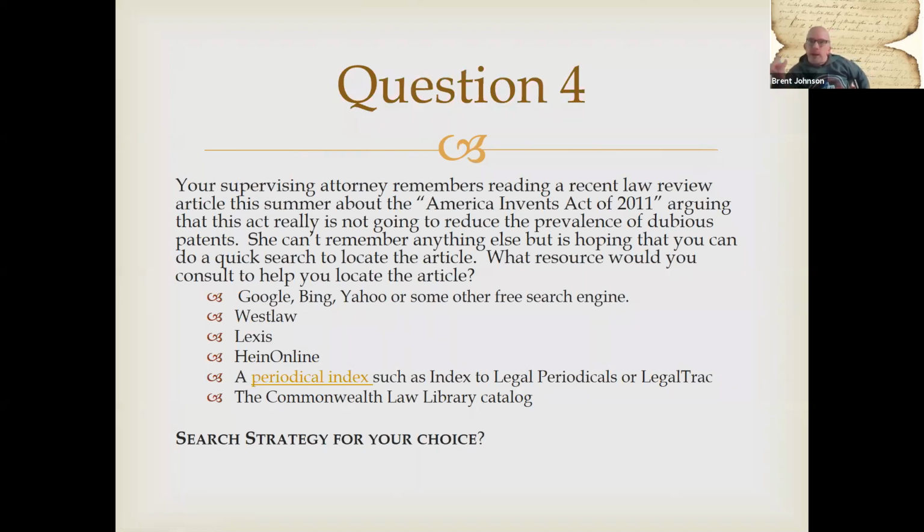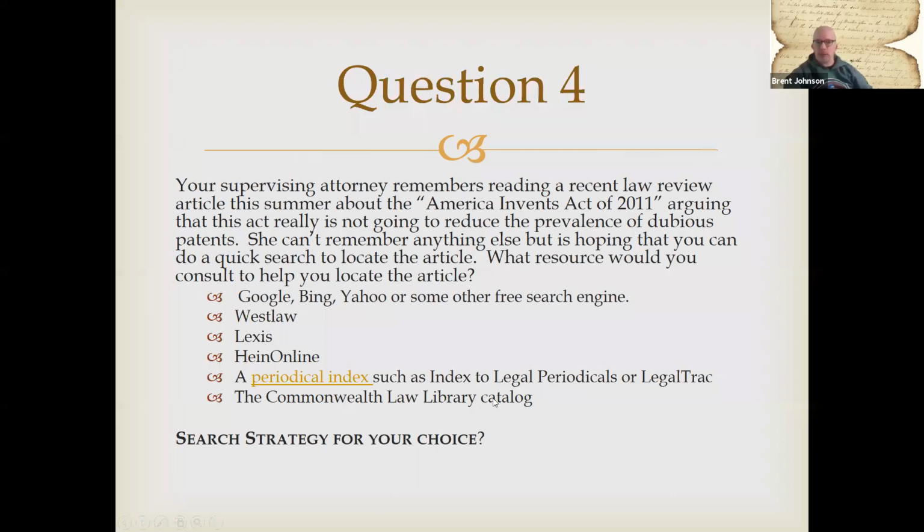So if you go to the resources list from the law library, so go to the law library homepage, click on resources. Hein Online is one of the first links that we have. Basically, Hein Online is an index of all the law reviews that are published in America. So that would be a good place to run your search as well.